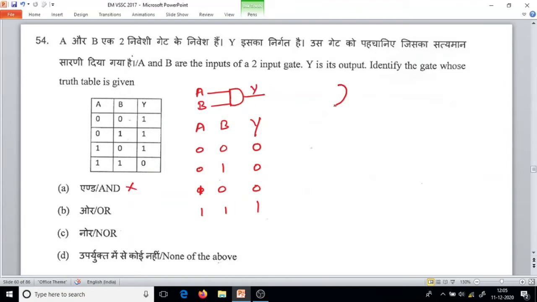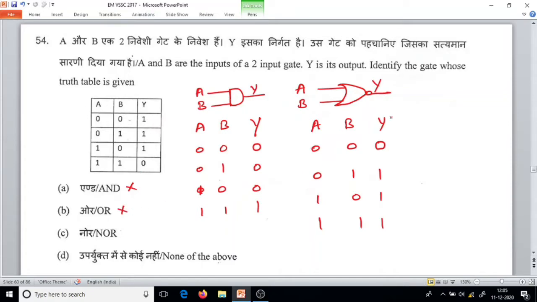We'll try OR gate. We have A and B as input, Y as the output. These are going to be our input variable combinations: 0 0, 0 1, 1 0, 1 1. For OR gate, when the inputs are 0, 0, the output has to be 0. So it doesn't satisfy the OR gate also.